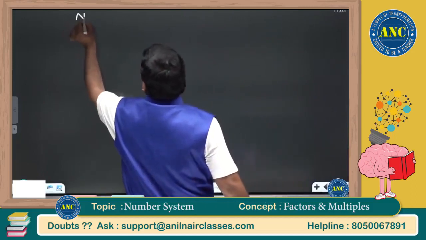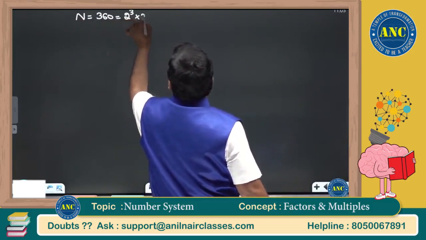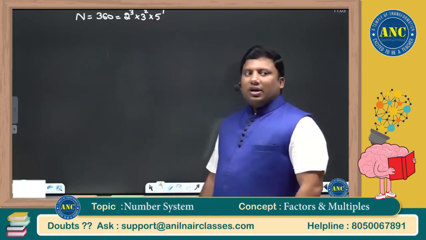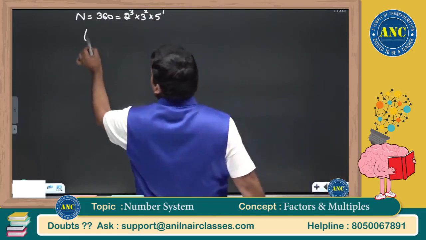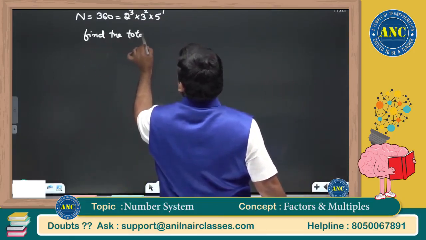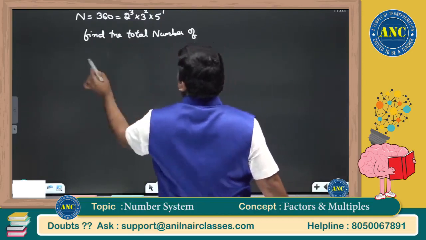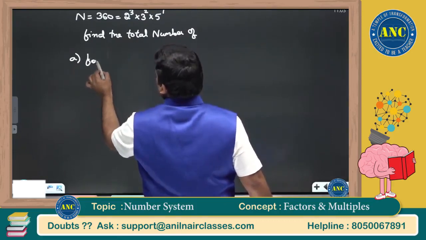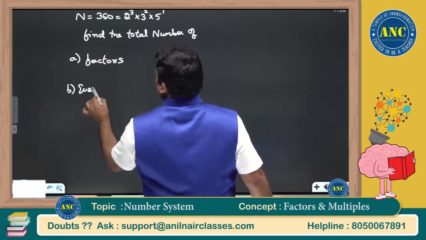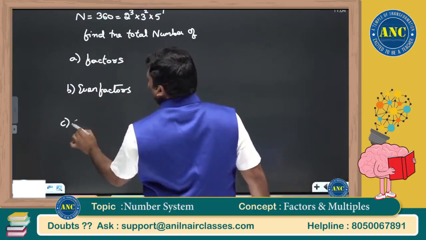N is equivalent to 360. 360 is 2 cube into 3 square into 5 power 1. Lots of questions we will solve. Find the total number of factors. Find the total number of even factors. Find the total number of odd factors.